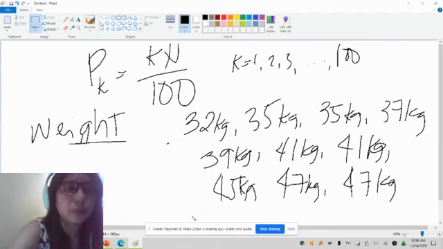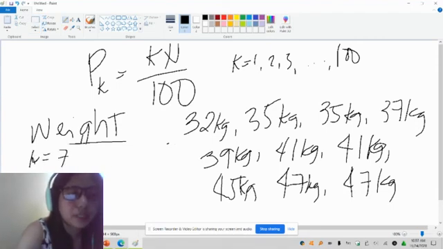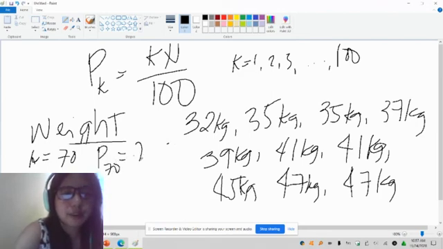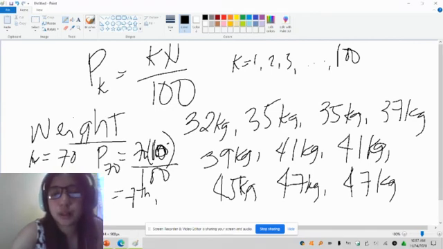Okay, so let us also consider, let's say, K is equal to 70. So P sub 70 is equal to 70 multiplied by 10 over 100. It means that the seventh score, so 1, 2, 3, 4, 5, 6, 7, is 41 kilograms.